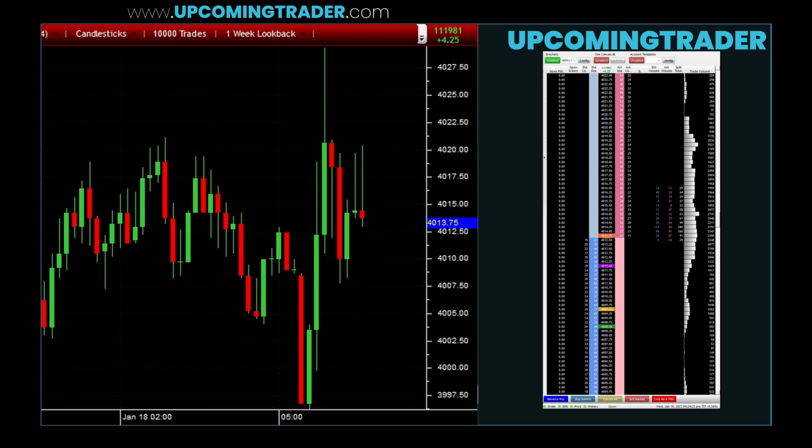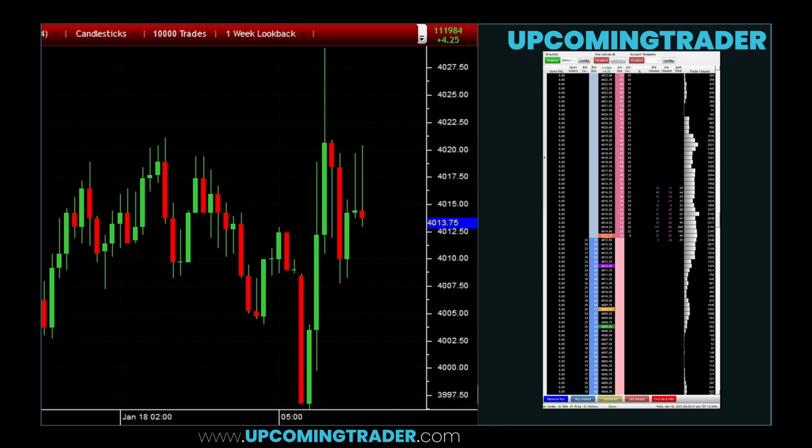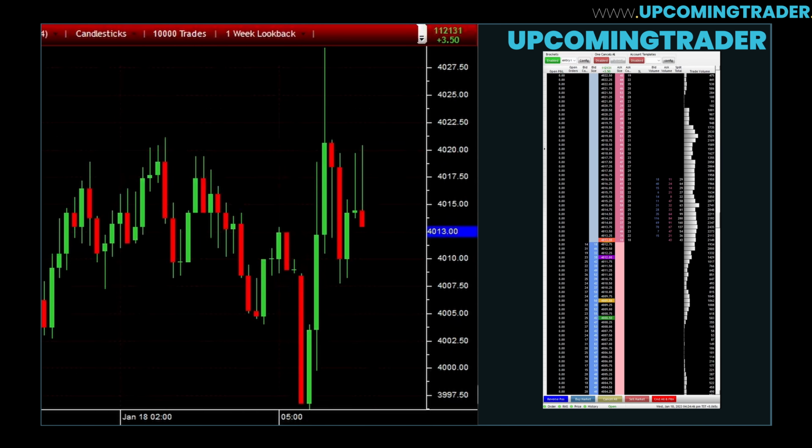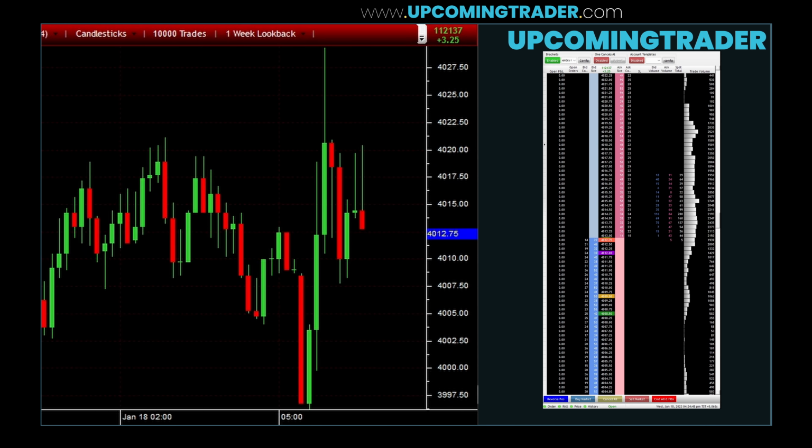Flags and pennants are continuation patterns that occur after a sharp price move, also called the flagpole. Flags are rectangular patterns that slope against the prevailing trend, while pennants are small, symmetrical triangles. Both suggest that the market is taking a temporary pause before continuing in the direction of the prevailing trend.